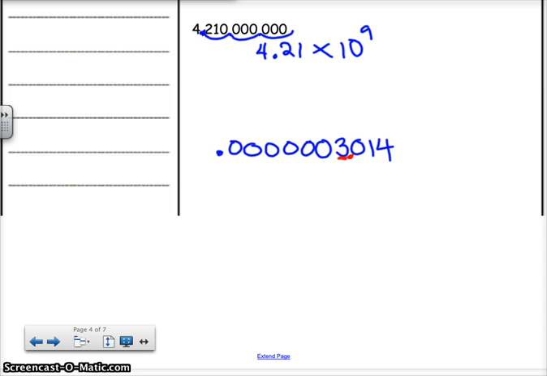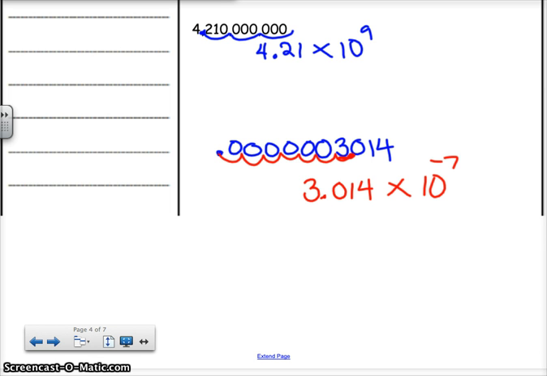I'm going to put a decimal right there. Do you see my strategy there? I look for the first non-zero digit and put the decimal right there. So it's 3.014. I include that 0 because it's in between other digits, times 10, and then how many spots to get to the end. If I'm right here, I go 1, 2, 3, 4, 5, 6, 7. Positive or negative? Negative, because I'm moving to the left. That's our first learning target.